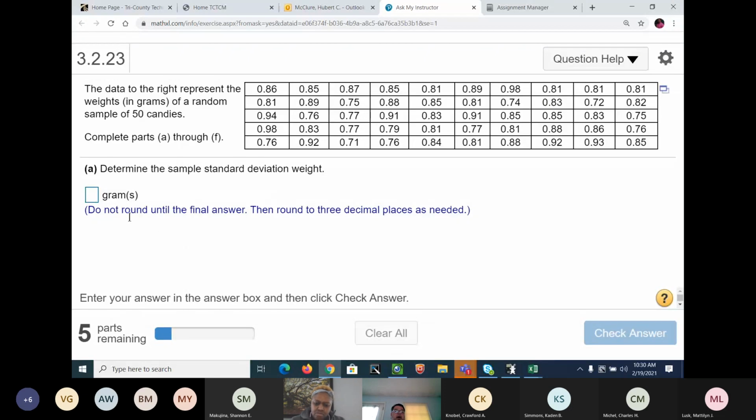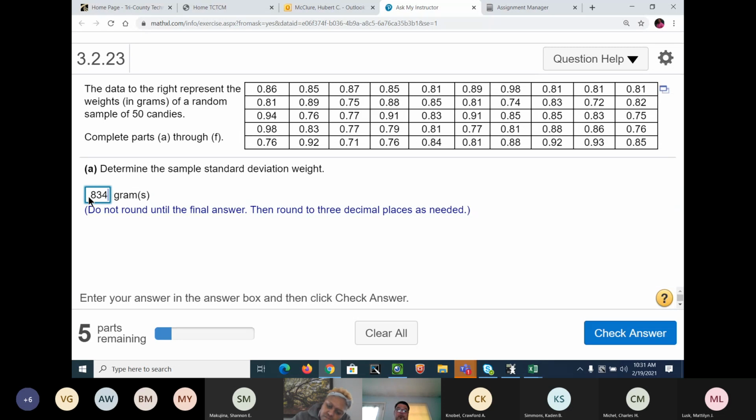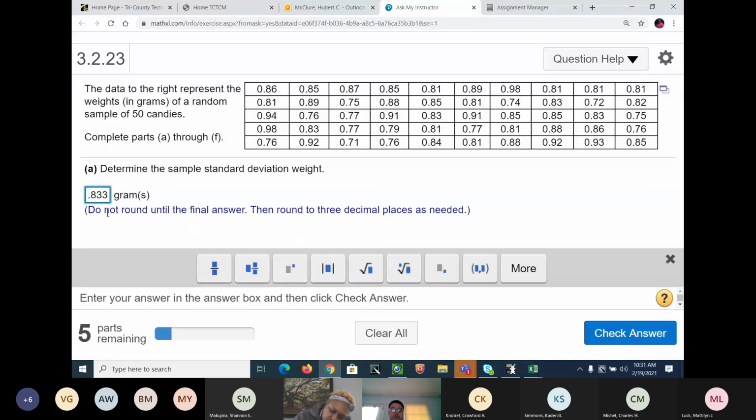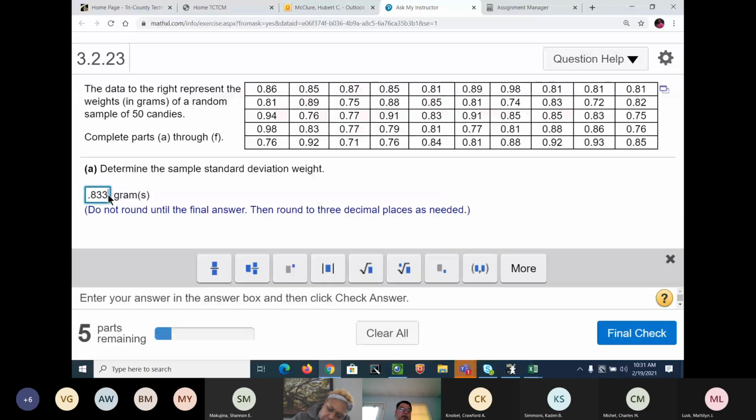Okay, it says round to 3 decimal places. What is the standard deviation? That's 0.834. And it's probably a rounding 833 maybe. $835 maybe.